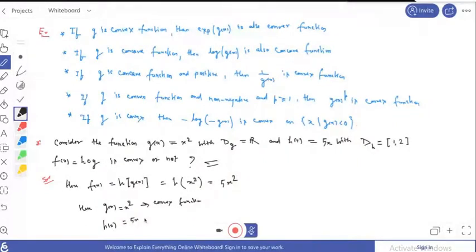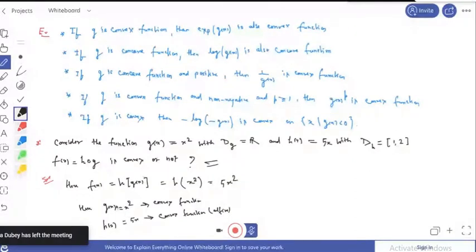5x is a straight line. A straight line means this is affine, so this is also a convex function. So the composition of these, if both are convex functions, is also convex. So here fx equals 5 of x square.